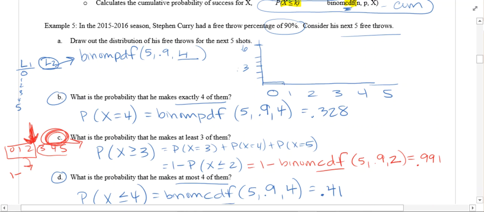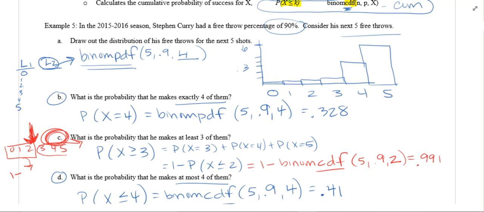And at 4, we're up to about 0.33. So don't stress too much about graphing that, but you would use binomial PDF. I like to use the list, but you don't have to. You just have to find binomial PDF for each of those numbers.